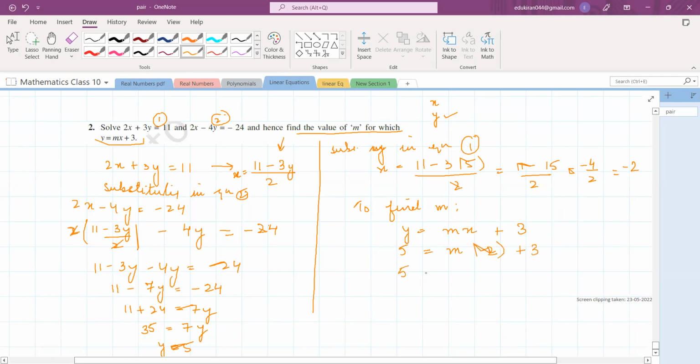So this is 5 is equal to minus 2m plus 3. Then your 2m will become 3 minus 5, right? So 2m is equal to minus 2 and your m will become how much? Minus 1, right? Yes, ma'am. Okay. So please note it down.